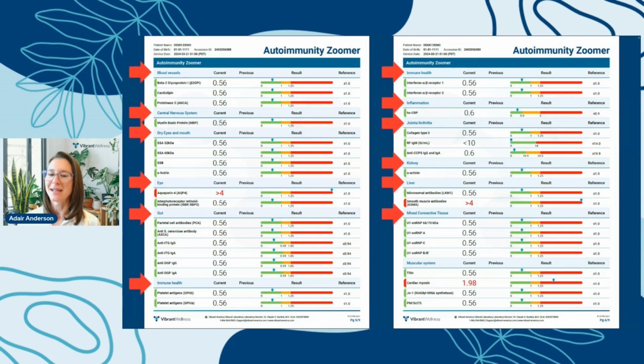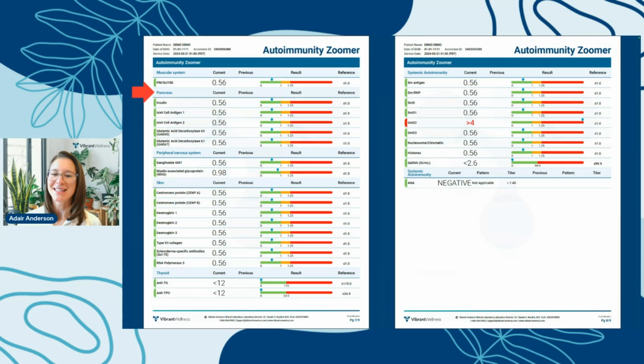All the markers in the mixed connective tissue section are diagnostic for mixed connective tissue disease. And the muscular system section includes markers found in autoimmune myocarditis, titin and cardiac myosin, as well as markers associated with autoimmune inflammatory myopathies and scleroderma.